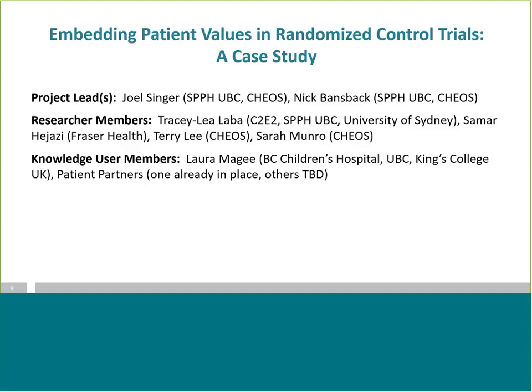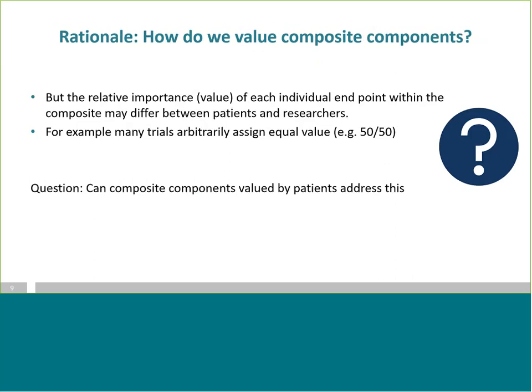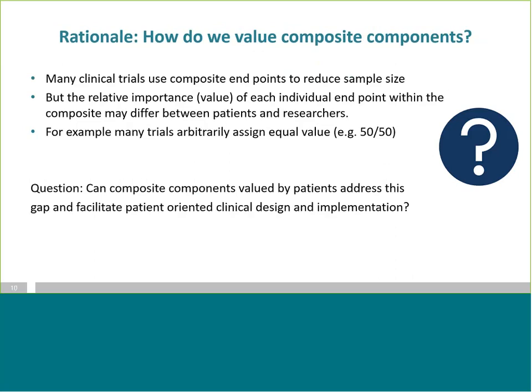If we can go to the next slide, I will tell you a little about the project. I'm going to be very brief here, but the bottom line is that we're talking about composite endpoints. These are increasingly being used, often to reduce sample size calculations, but also to reflect one of the issues with real-world clinical trials, that multiple outcomes are important to patients.